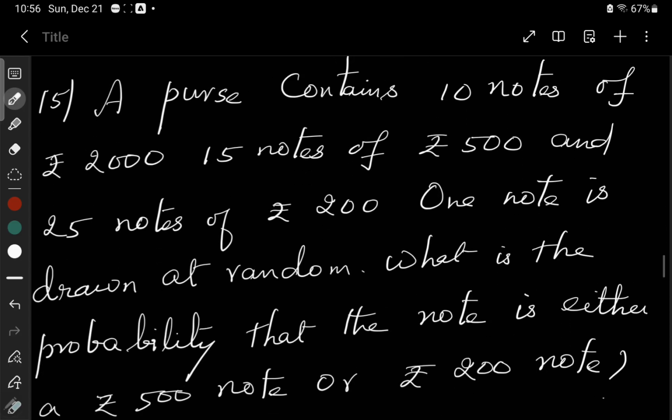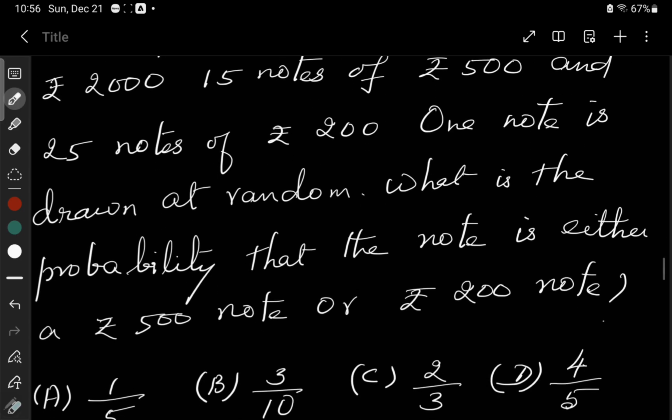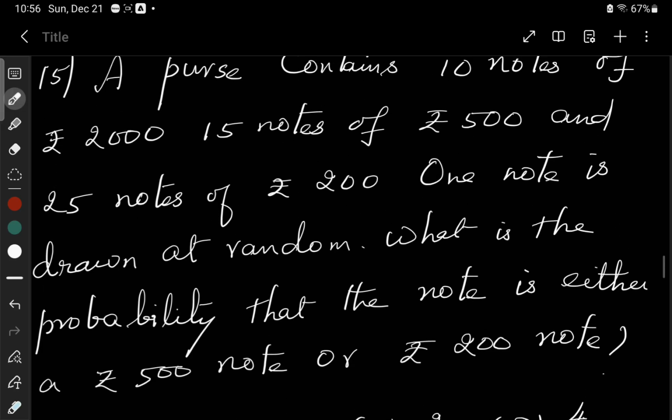A purse contains 10 notes of 2000, 15 notes of 500 and 25 notes of 200. One note is drawn at random. What is the probability that the note is either a 500 note or a 200 note? So how many notes are here? First we have to see that.